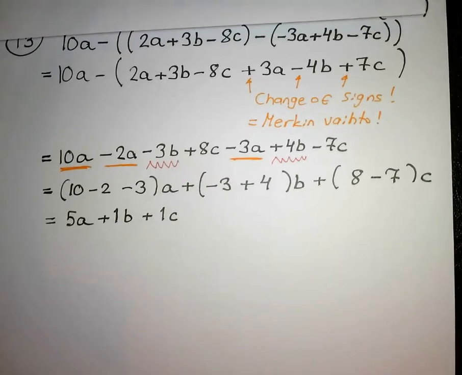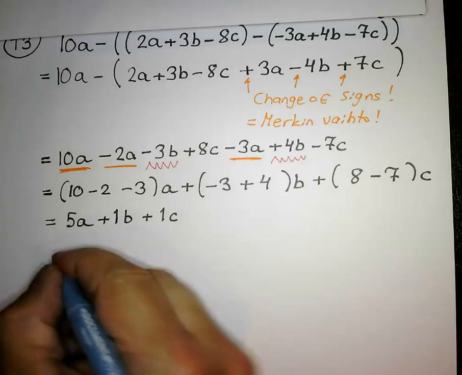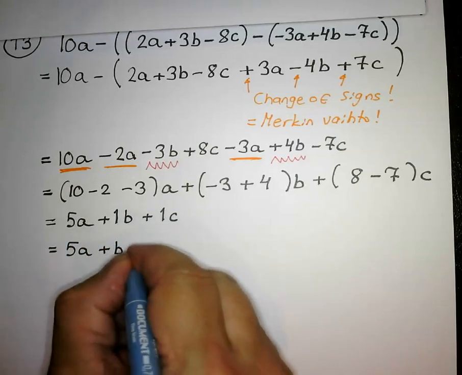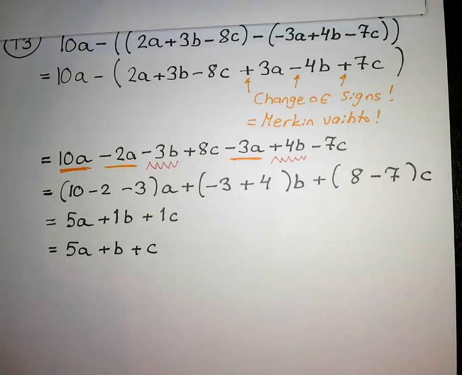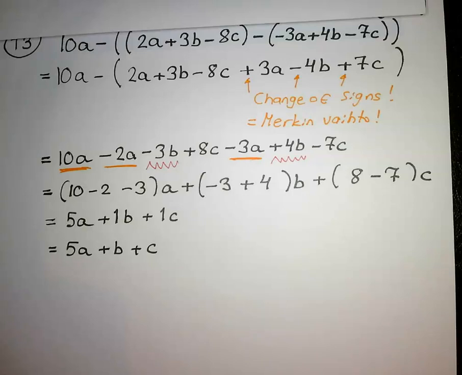This is okay for an answer, but mostly we don't write those ones there. So maybe a better way to answer is 5a plus b plus c. But it is not a mistake. I don't think it is a mistake if you leave those one factors there. It is okay for me at least.